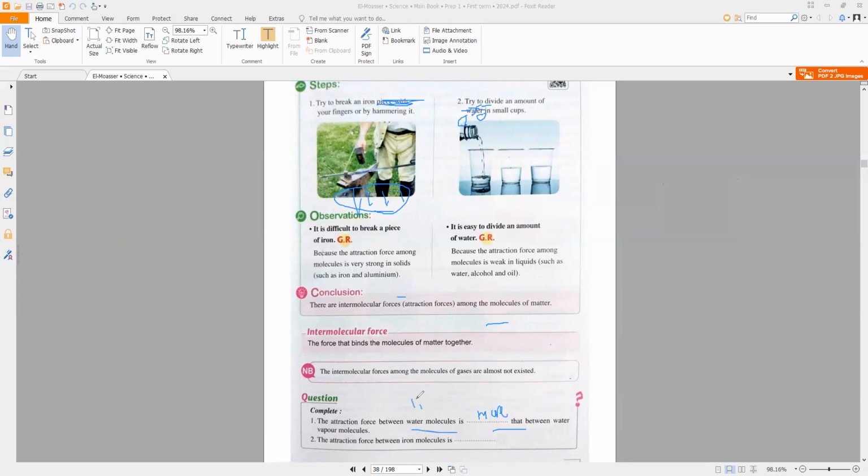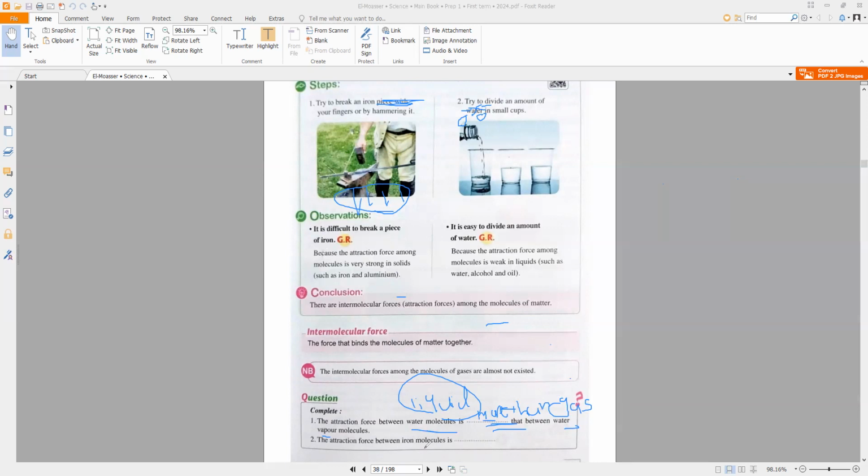Water is a liquid. Water vapor is a gas. So the attraction forces between liquid molecules are more than the attraction forces between gas molecules. So the attraction forces between water molecules are more than the attraction forces between vapor molecules.